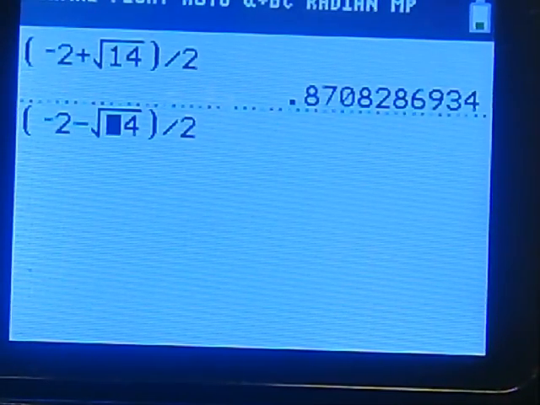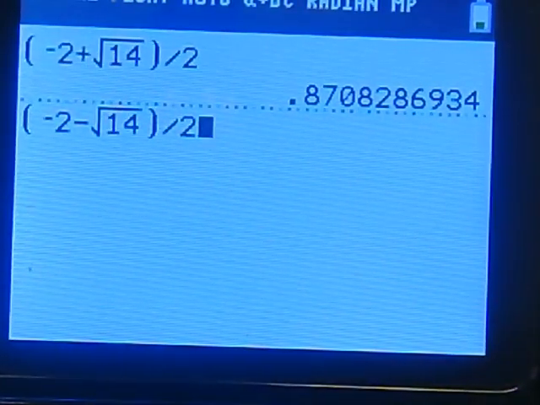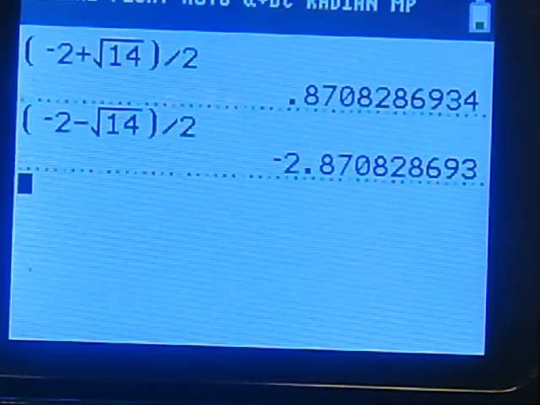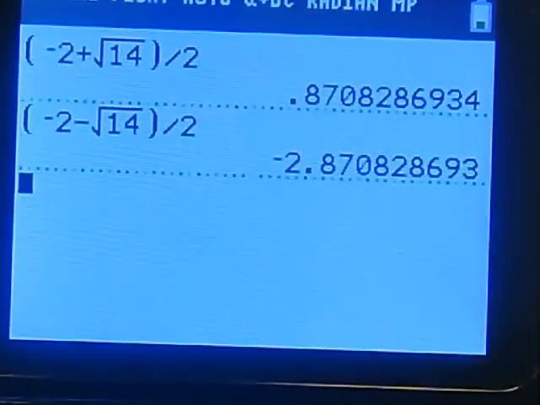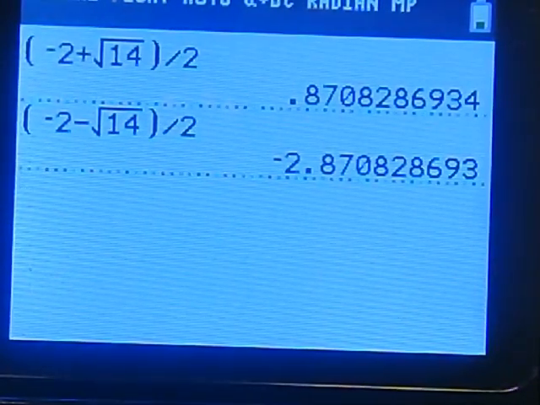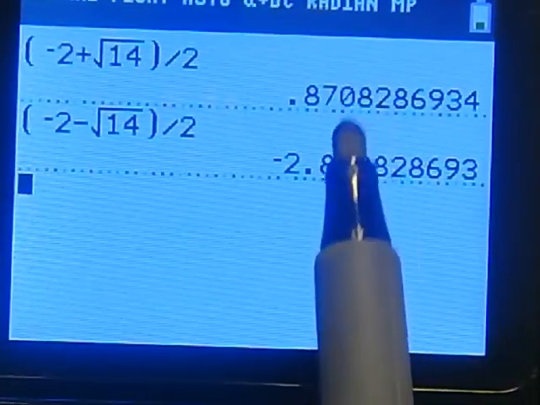There's my second answer. There's a plus or minus. So here's plus or minus root 14. And my answer is negative 2.8708. So you see there's two answers here, and they're not necessarily opposites of each other.